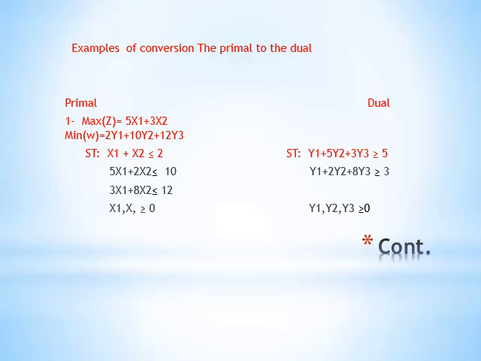The first column of the constraints of the primal contains x1: 1x1, 5x1 and 3x1.